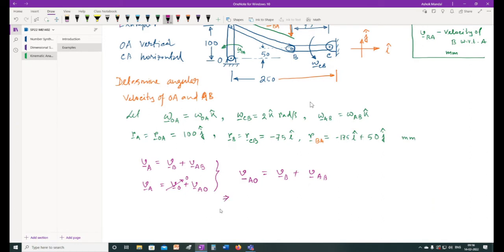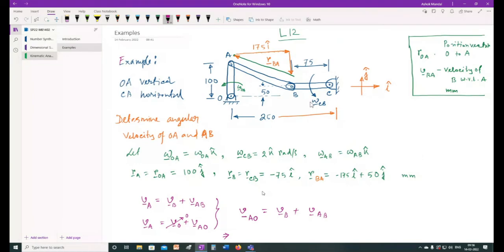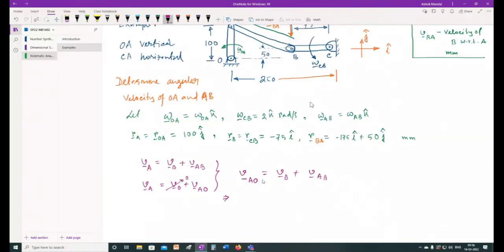Now, if we elaborate, what is this quantity? How can we write it from our previous day's discussion? What is VA with respect to O? Any velocity has two components.